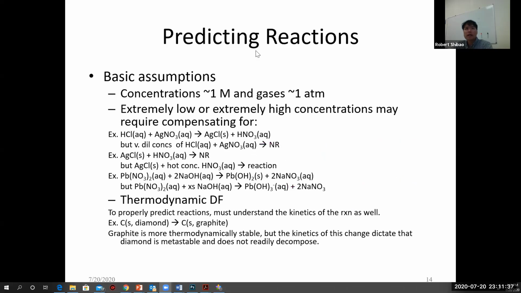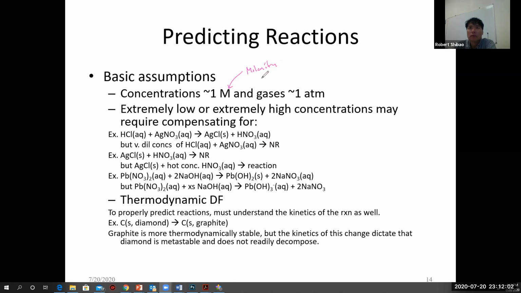When we predict reactions, we make certain basic assumptions. These are what are called standard thermodynamic conditions, concentrations of 1 molar. A molar, this is the capital M here. A molar is if you have a mole of whatever dissolved in a liter of total mixture. That's molarity, or molar.